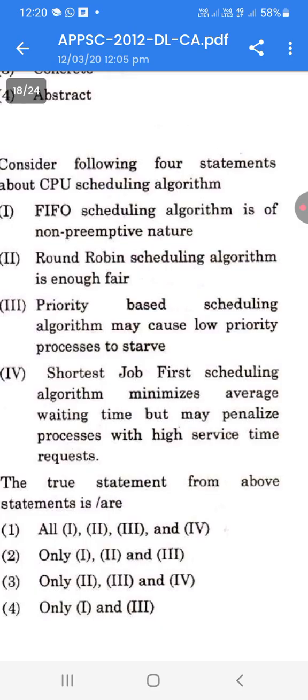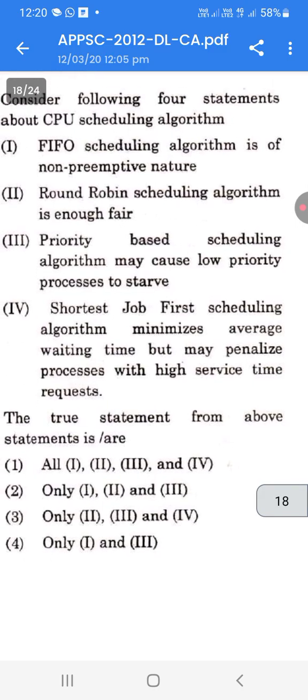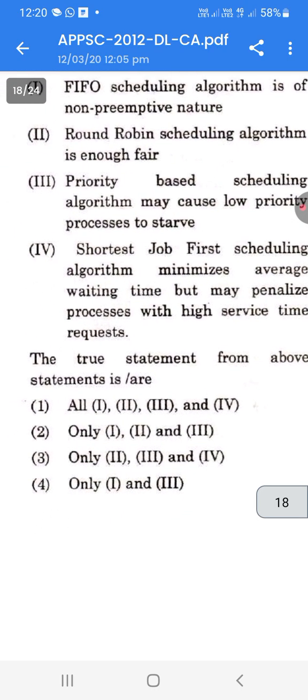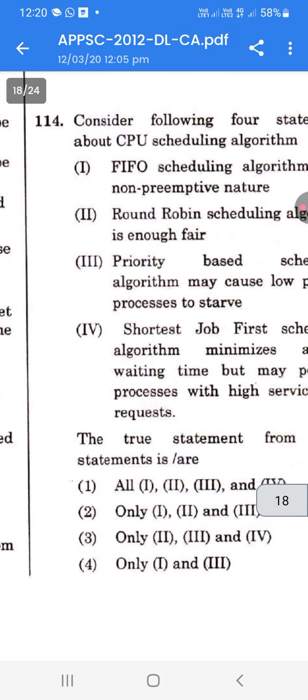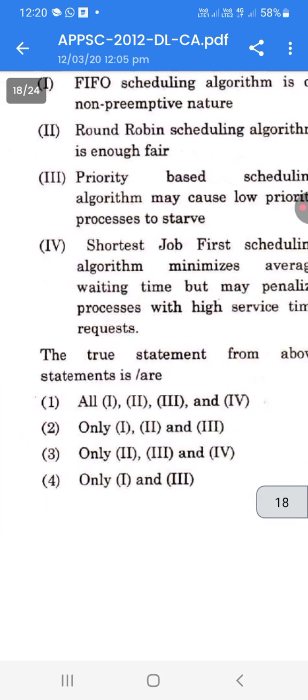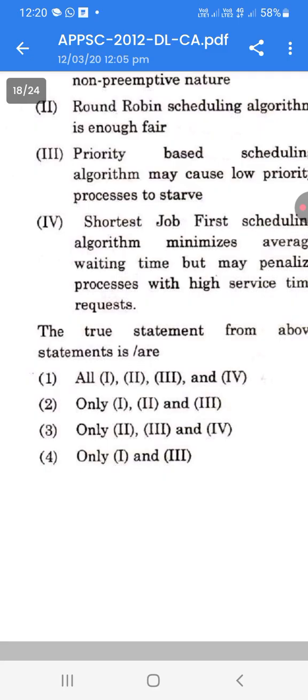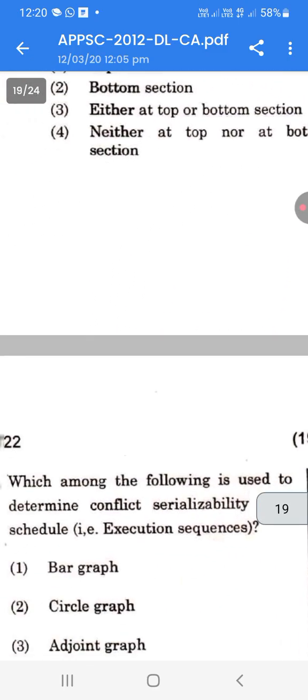Round-robin scheduling algorithm is unfair. Priority-based scheduling algorithm may cause low-priority process to starve. Shortest job first scheduling algorithm minimizes average waiting time, but may penalize processes with high service time requests. The true statements from the above statements are 114. 1. All 1, 2, 3 and 4 are true statements.